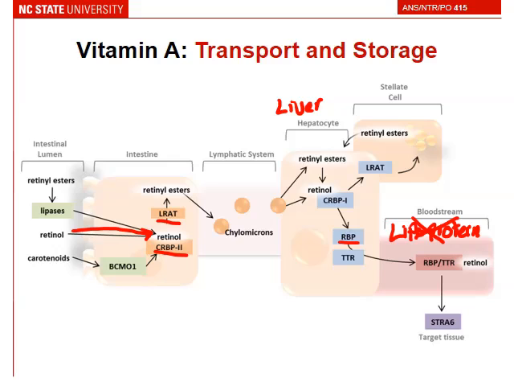So if we have adequate levels of vitamin A and we want to store some away for a rainy day, we have some cells within our liver called the stellate cells over here.